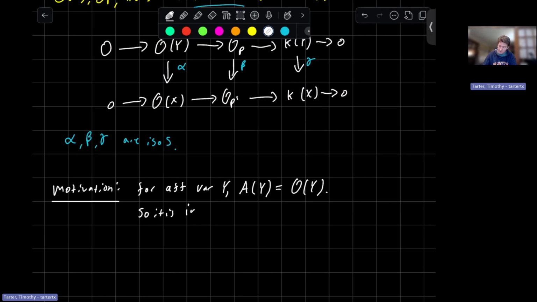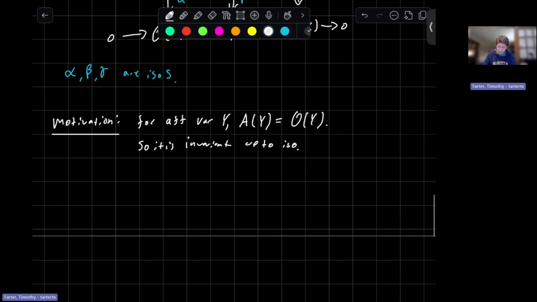So it is invariant up to isomorphism. However, this is not true for S of Y.